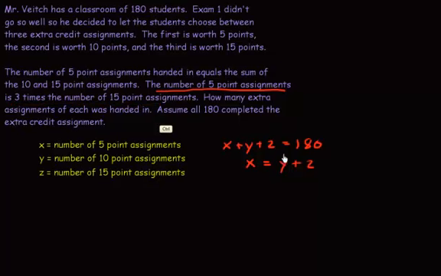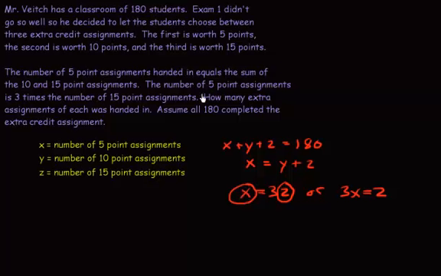Now this is usually the tricky one, because is it going to be X equals 3 times Z, or is it going to be 3X equals Z? Sometimes people struggle with this one. All you've got to do is give yourself an example. If Z equals 10, what is X? That'd be 30. And does that make sense?